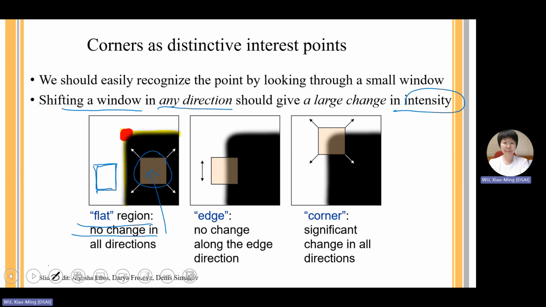We call it flat because the image contents are pretty much the same. If we move the window along any direction, there won't be a significant change in image intensities. So clearly both the white background and the black foreground are flat regions.